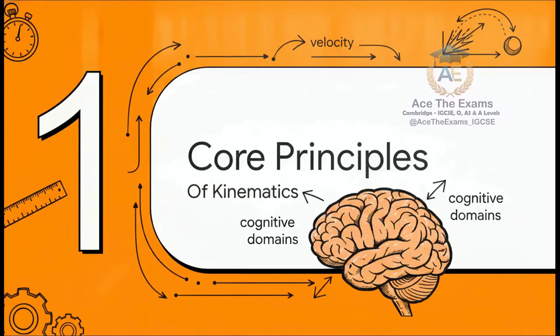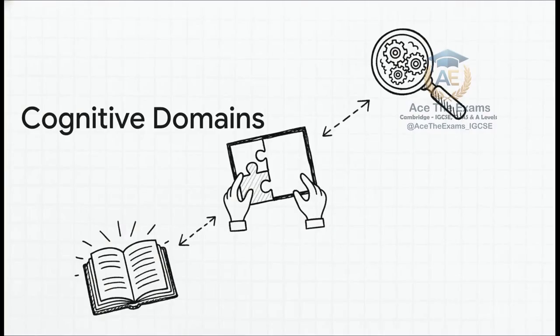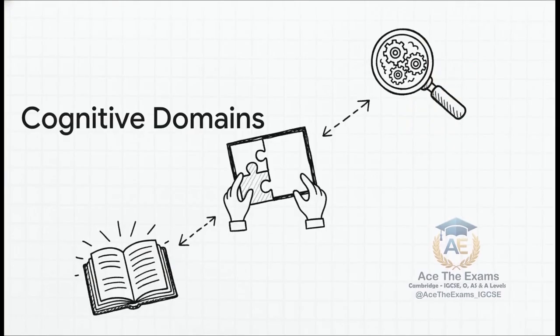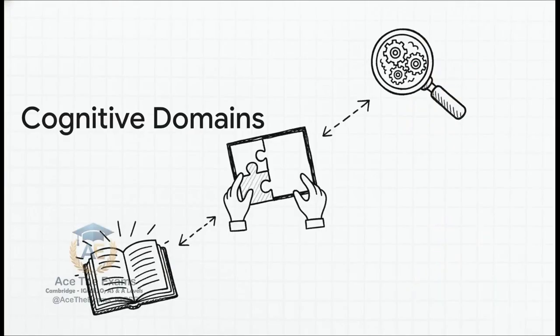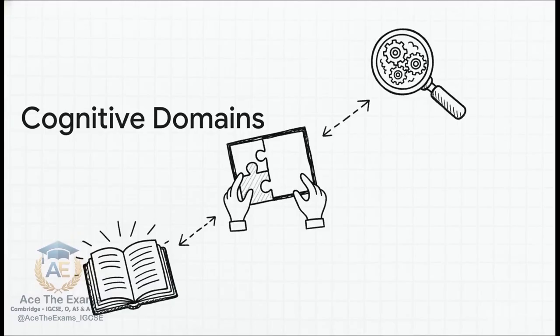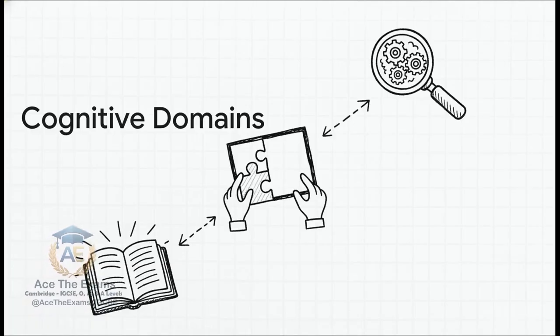Let's look at the actual cognitive domains you're being tested on. Cambridge is explicitly targeting 3 distinct areas here. Yes, they want knowledge and understanding for sure, but they also heavily demand application and analysis. You're required to move way beyond just rote memory into systematic analysis and evidence-based reasoning. You have to prove to the examiner that you can think logically, not just regurgitate a formula you crammed the night before.